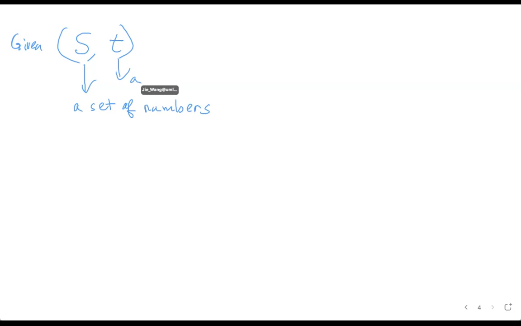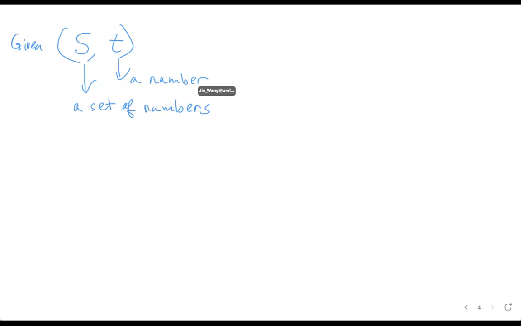Let's call it S. And so this S is a set of numbers, and also you are given a number T. So this is a given. So this is a set of numbers, and T here is a number.